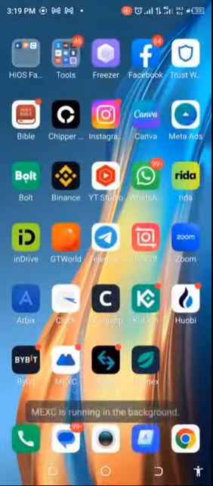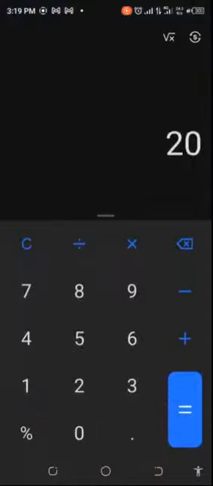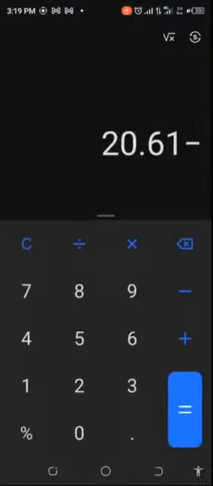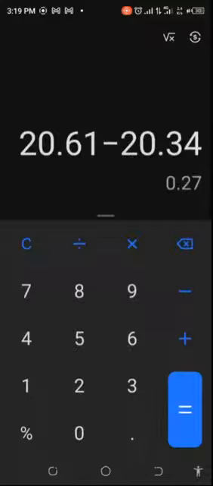So let's go check what our profit margin is. So our profit margin is 20.61 minus 20.34. So we had 27 cents. So what would we call this particular percentage? Let's go back to our 20 point.